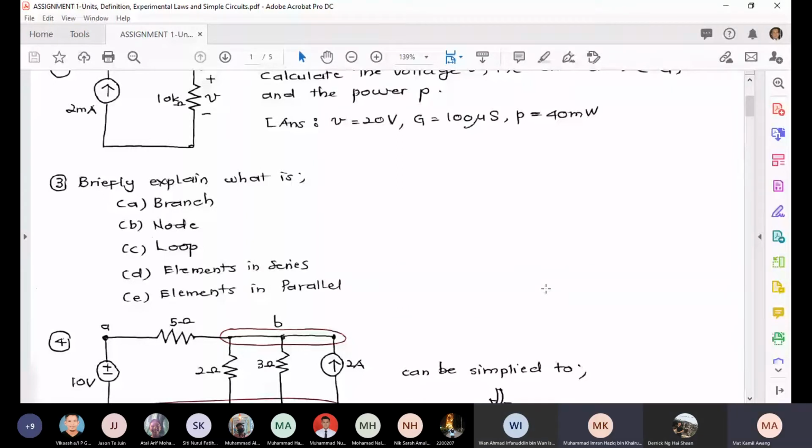Elements in series. What's the definition of elements in series?